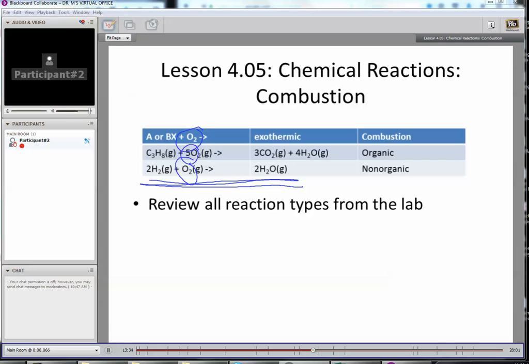The lab really entails all of the different reaction types as a review, goes through how to write out all of our equations, talks about the law of conservation of mass, and really asks you to do this kind of classification in terms of looking at a reaction that's both combustion and synthesis at the same time.